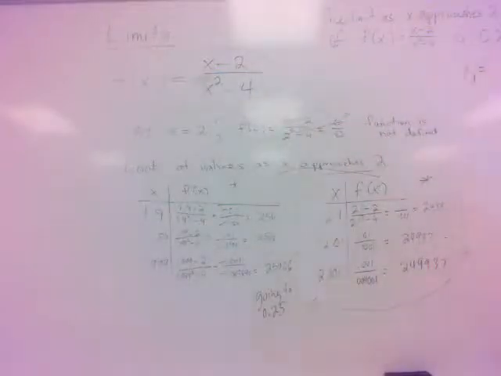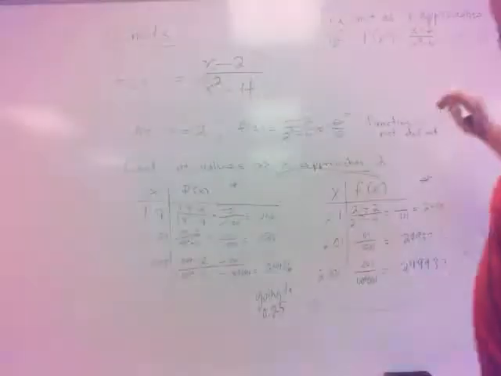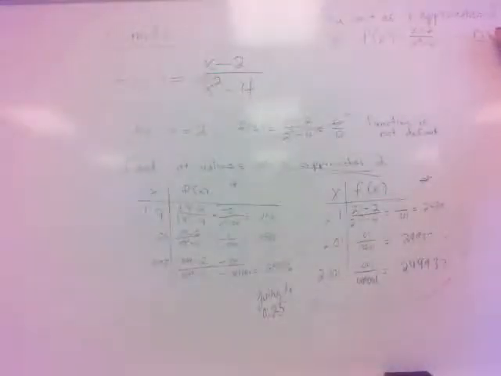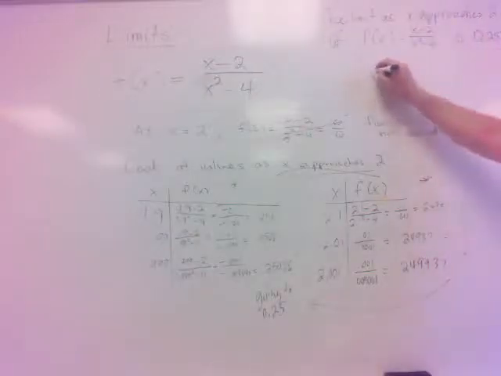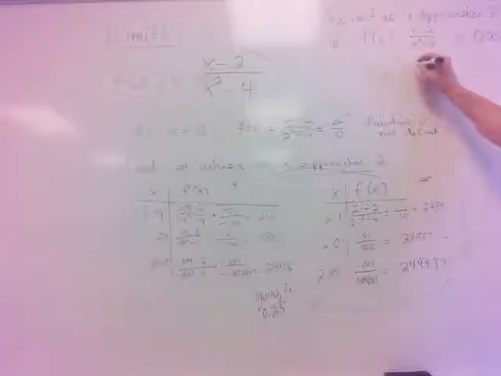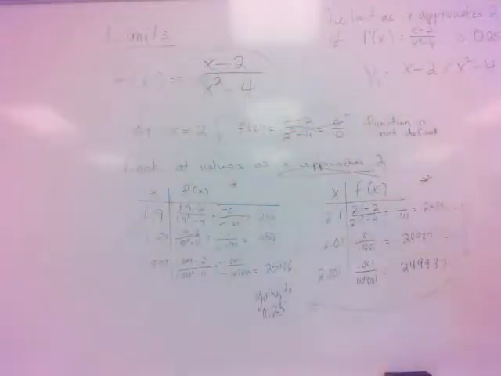So if I go in and put in y1 equals x minus 2 divided by x squared minus 4, do you see something wrong with that? If I just input it like that, what's wrong with that picture?